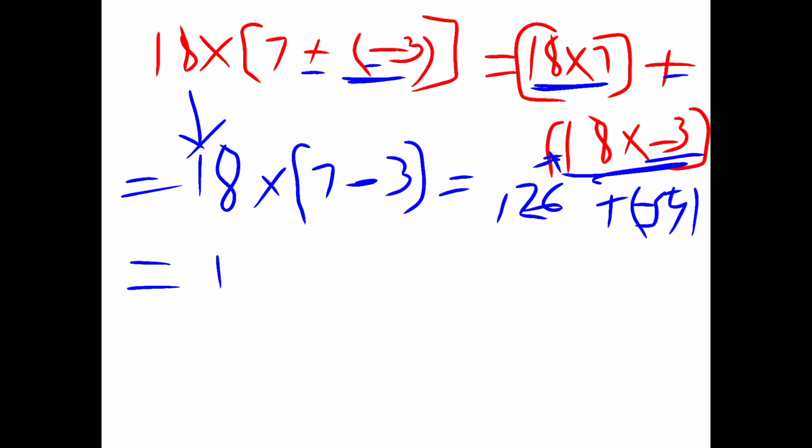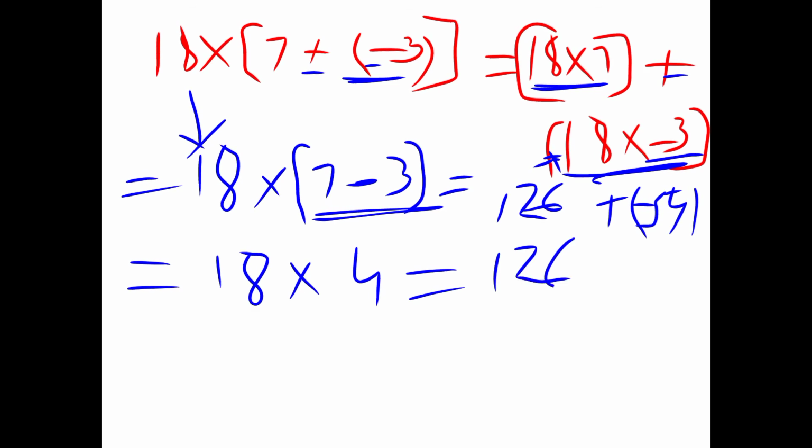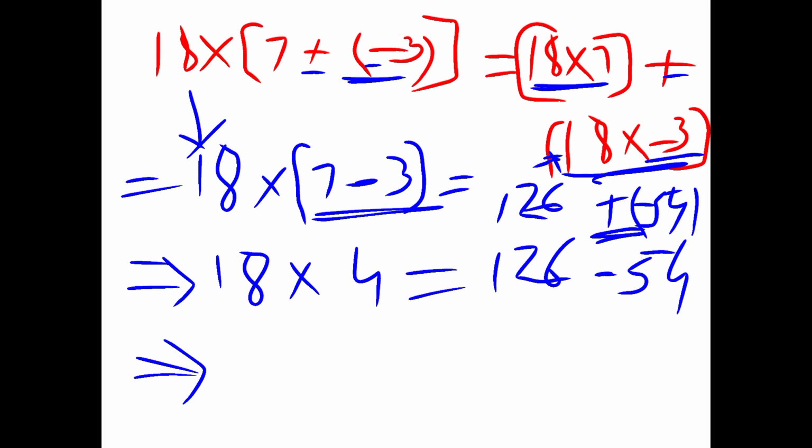Then this will be 18 into 7 minus 3 is equal to 4, which is equal to 126 minus 54, as the signs are different, plus and minus.